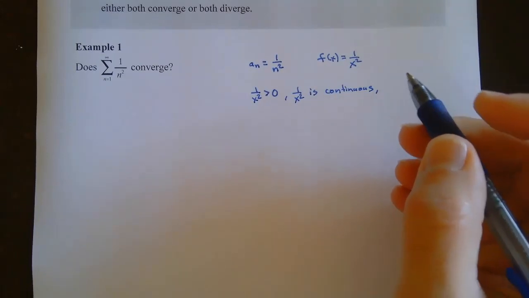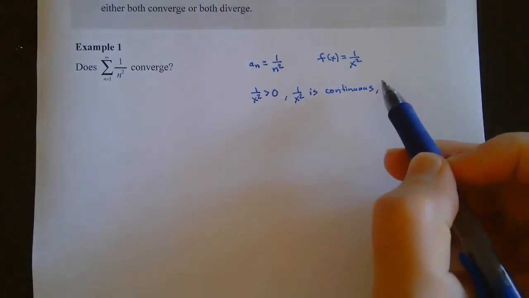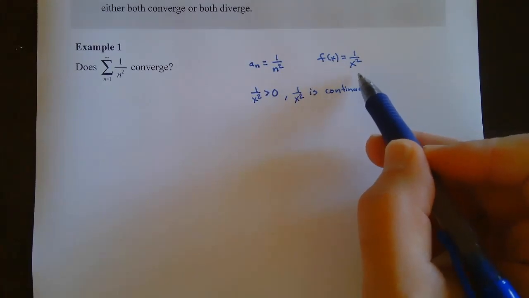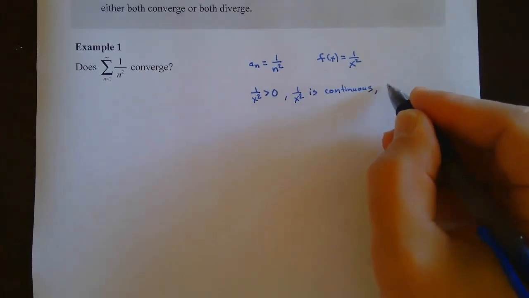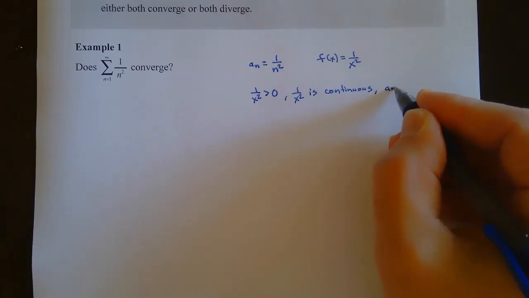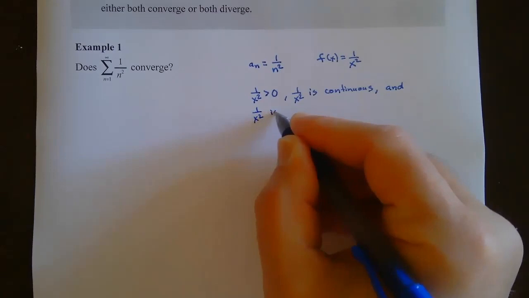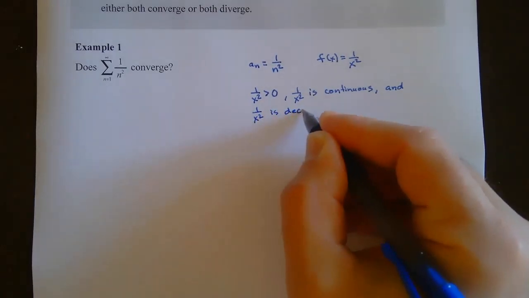And what else do we know about 1 over x squared? It's also decreasing because the denominator just keeps getting bigger and bigger, right? So 1 over x squared is decreasing.